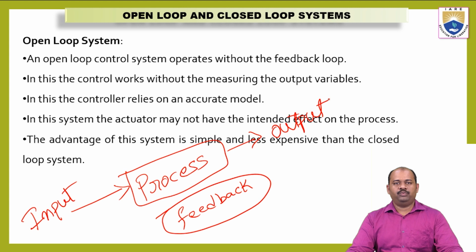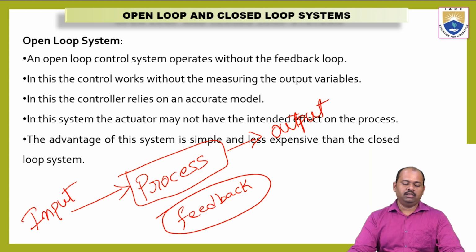Both input and output are very important for any process, as we are studying manufacturing machines or manufacturing processes. We will discuss computer numerical control systems. Here the process itself indicates a manufacturing process, like building, machining, turning, drilling, etc.